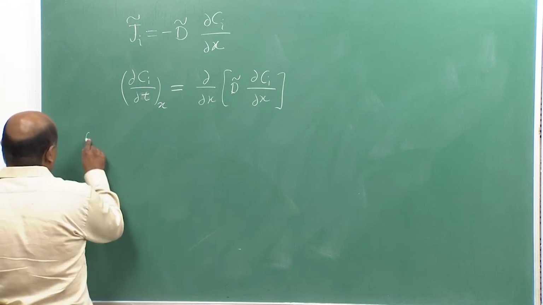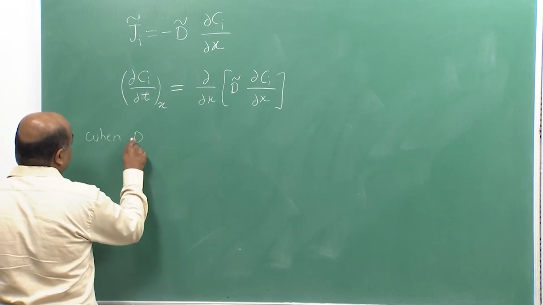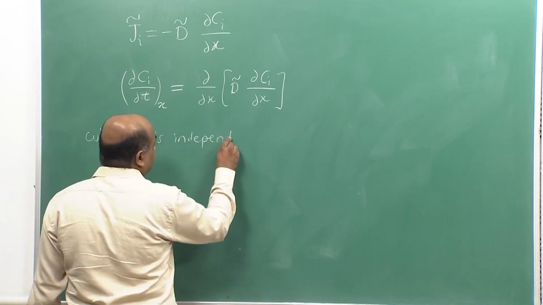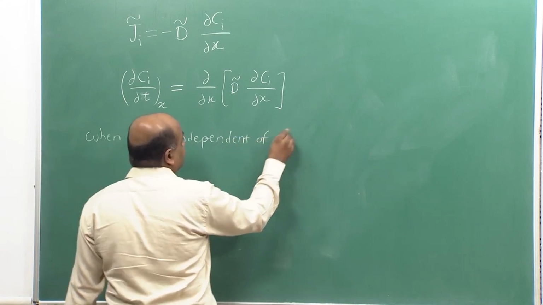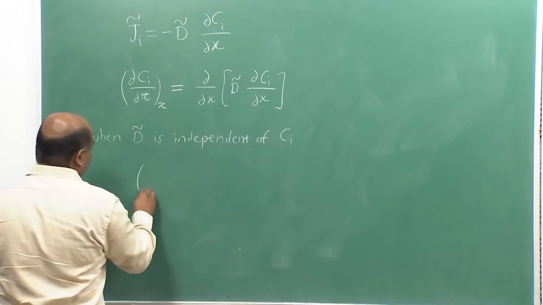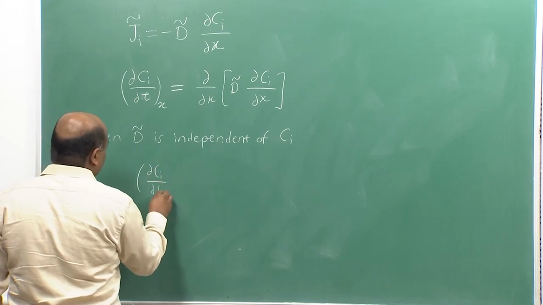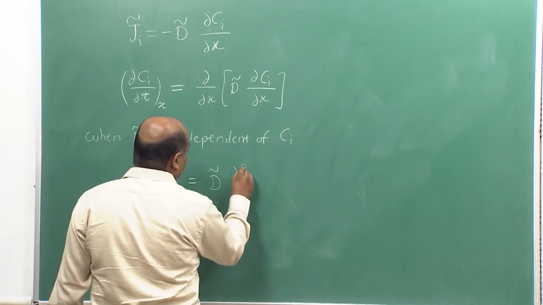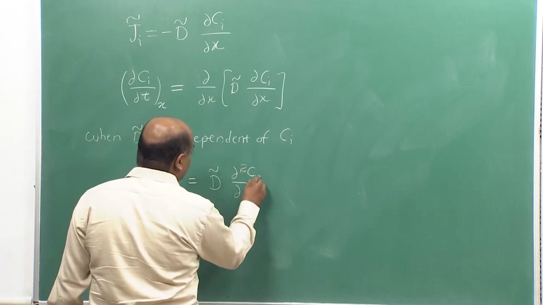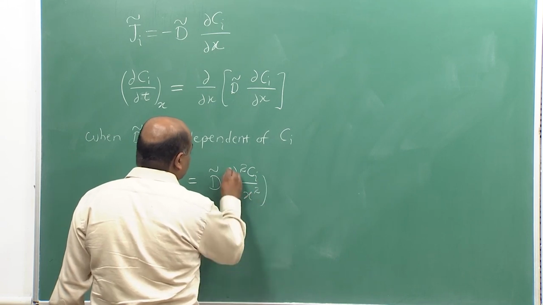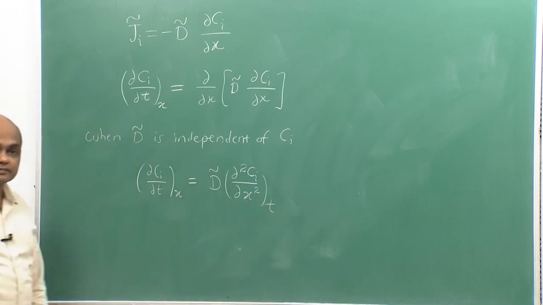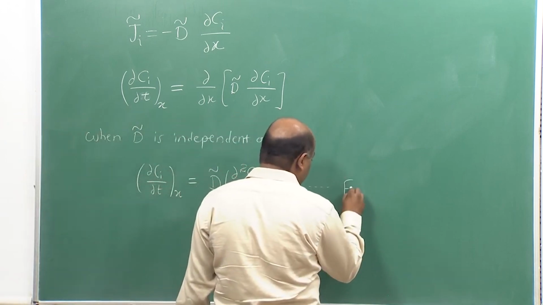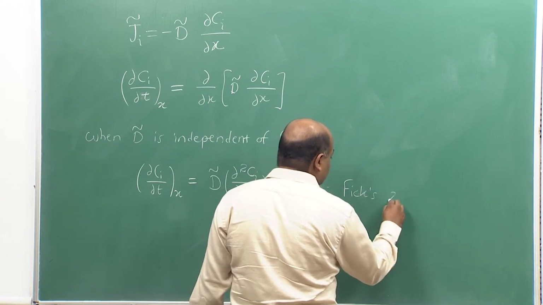Only when d tilde is constant or d tilde is independent of Ci, we can write dou Ci by dou t at x is equal to d tilde times second partial of Ci with respect to x. And this is commonly known as Fick's second law.